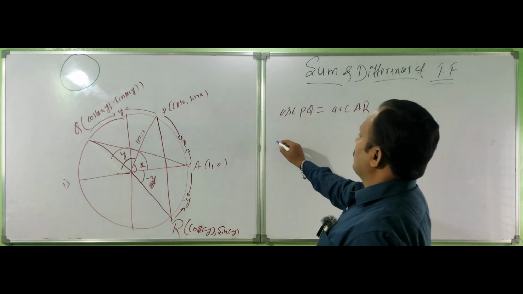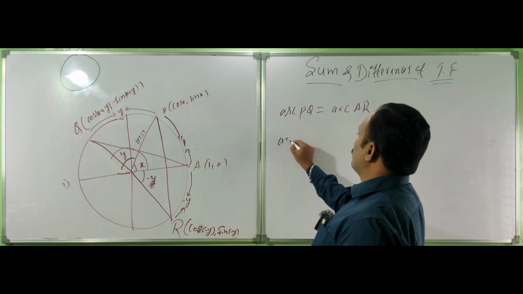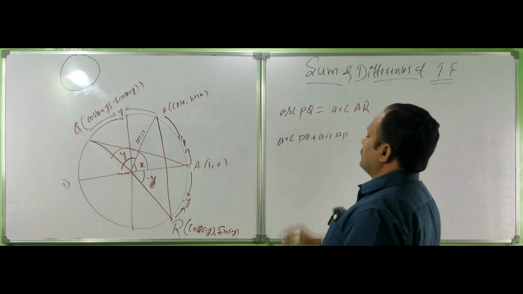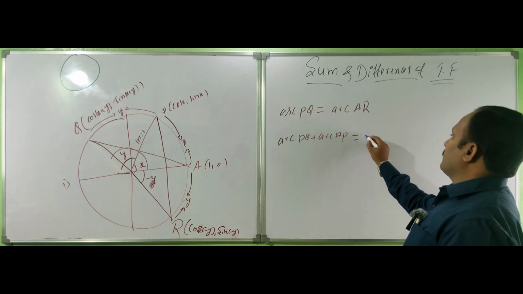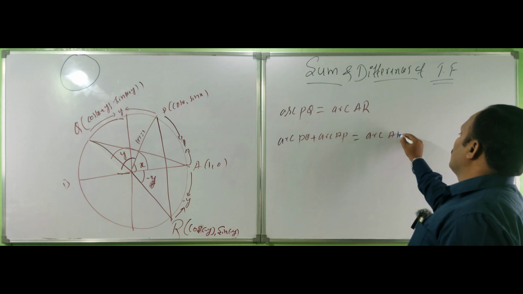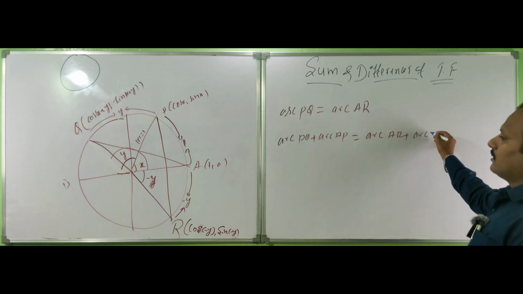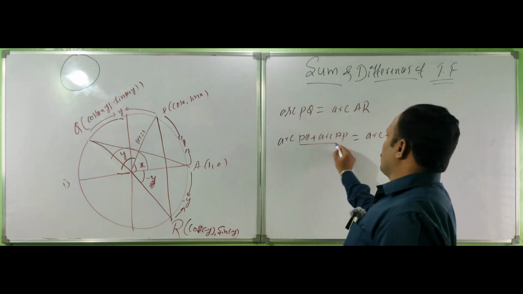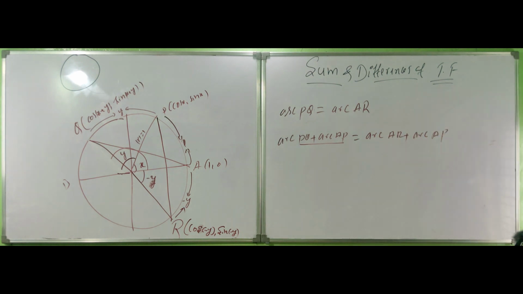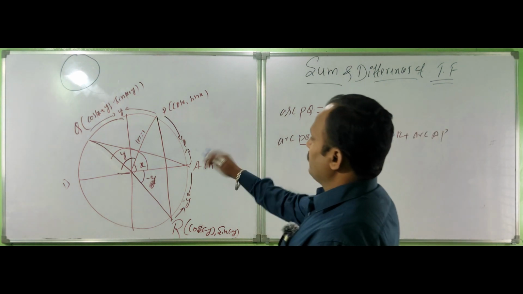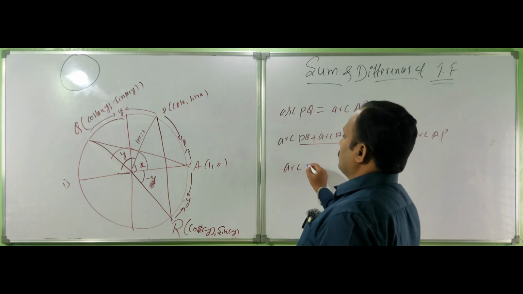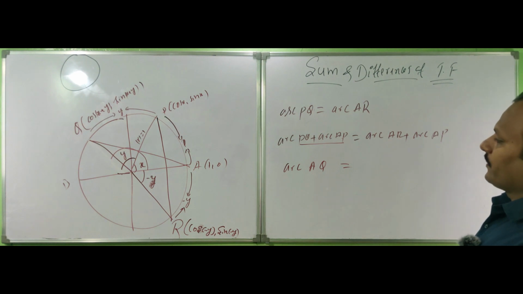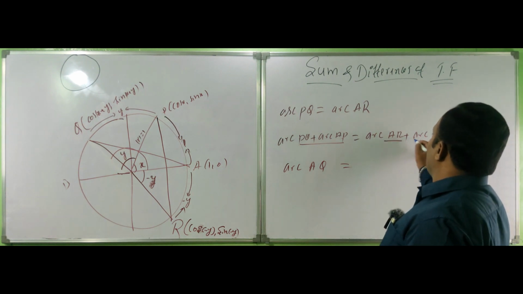Here I am going to add arc AP to both sides: arc PQ plus arc AP on one side becomes arc AR plus arc AP on the other. So arc PQ and arc AP become arc AQ, which is equal to arc AR and AP.